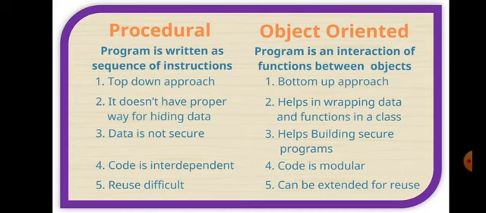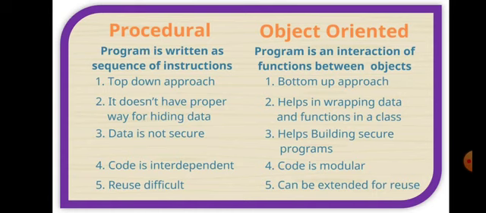On the other side, object oriented programming, that is, program is an interaction of functions between objects. First one is bottom up approach. The advantage of bottom up approach is here the focus is on data, not on function. The focus is only on data.